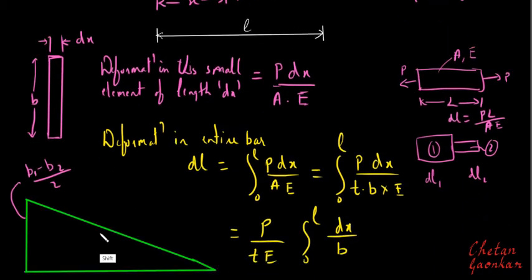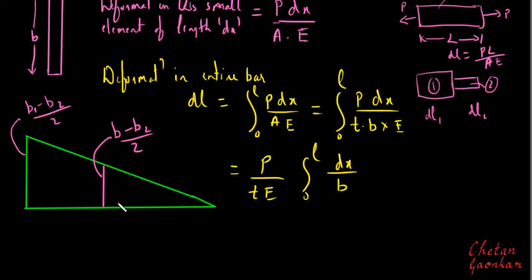Whereas this height here was (b minus b2) divided by 2. Then this length from here to here was L, whereas this length from here to here was L minus x. And since this thickness dx is very small, I can just neglect it for the time being.